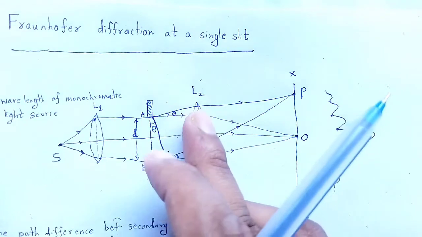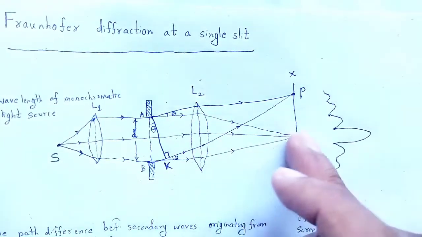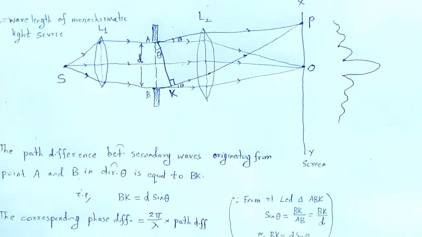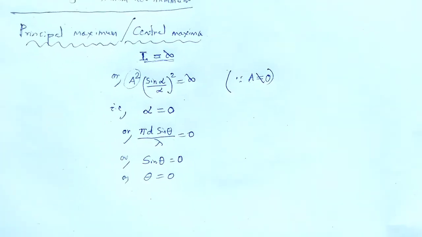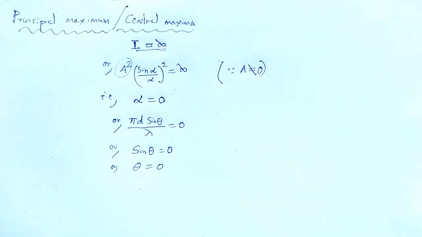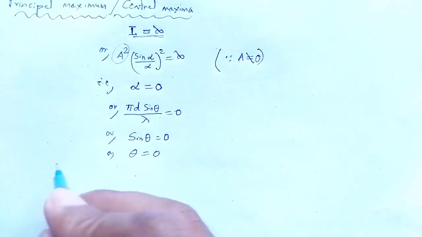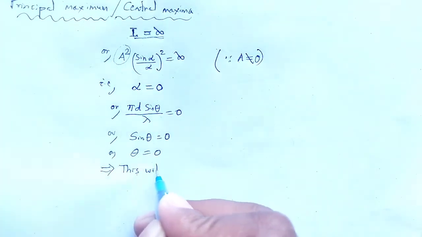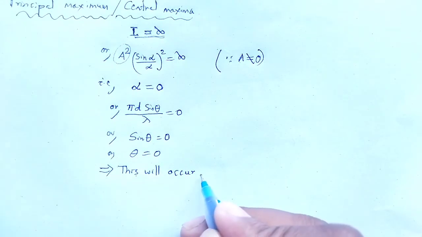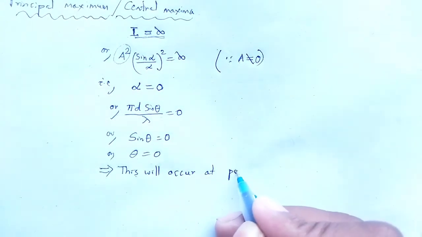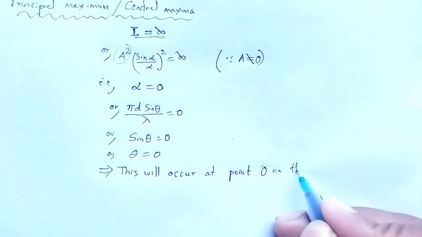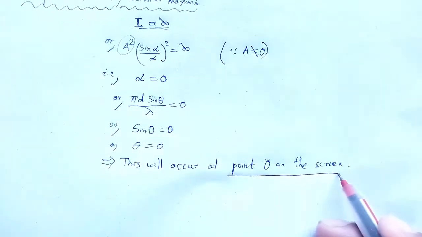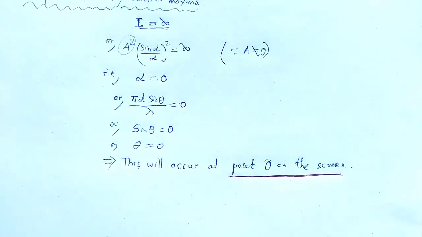When theta is equal to 0 degree, these parallel rays coincide at point O. So at point O on the screen we have the central maximum, that be the direction of central maxima.